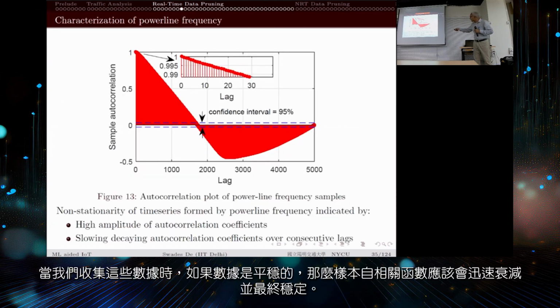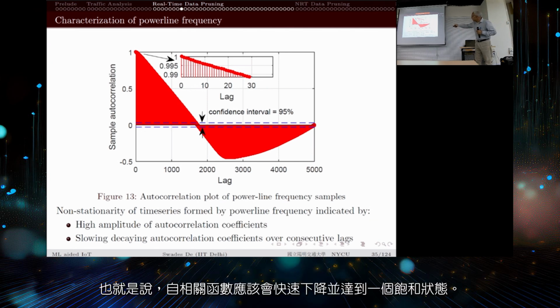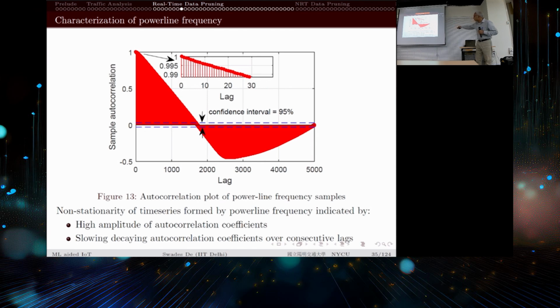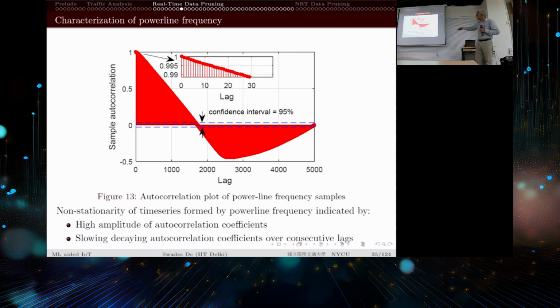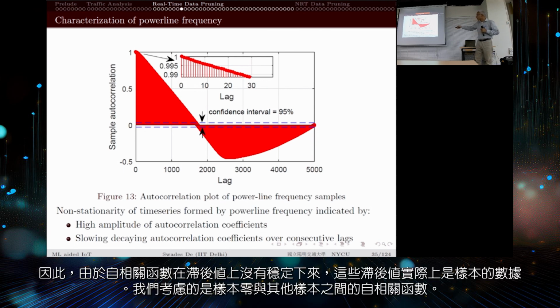When we collected this data and looked at the sample autocorrelation function: if the data is stationary, the autocorrelation function should decay fast enough and then saturate. What is happening is that the autocorrelation function is changing with time and is also very slowly varying. It reduced to some range, then crossed further down and oscillated. So it is not stabilizing with lag value, where lags are the samples.